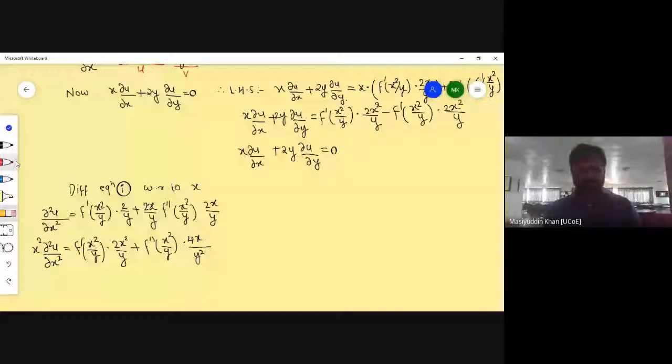Because x square, x raised to 4, and 2 2s are 4, and y into y square is. So hope things are clear to everyone. This is my equation number 3.